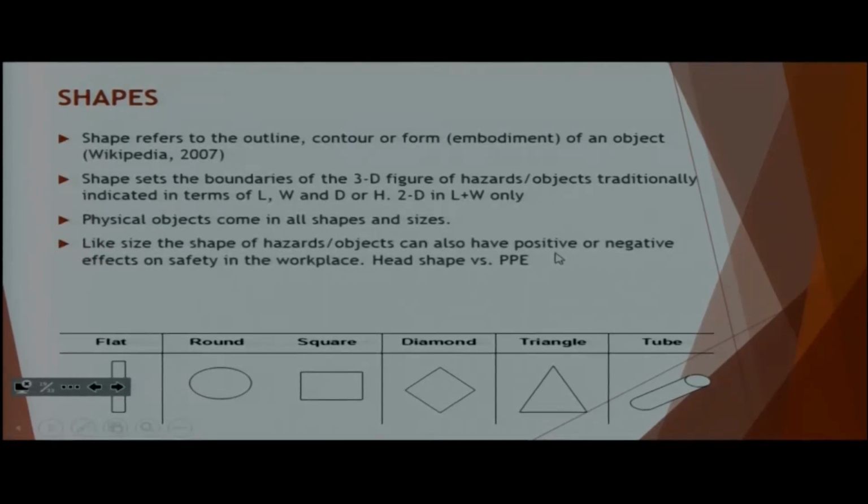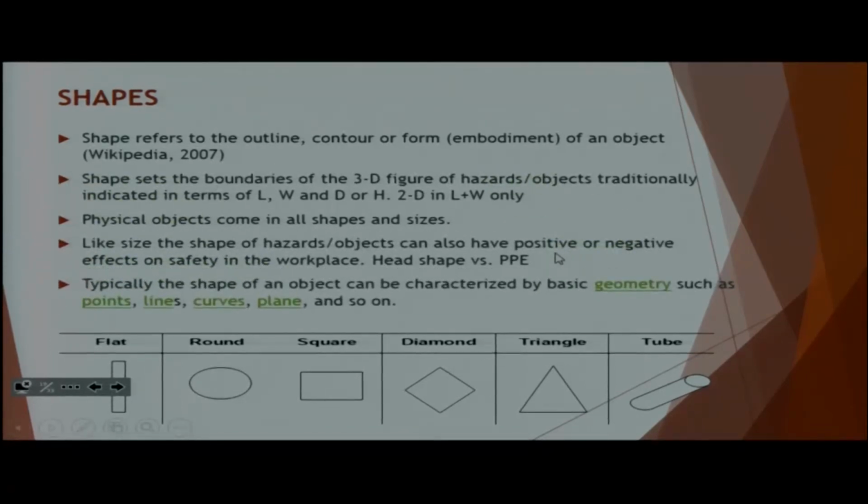Like size, the shape of a hazard or object can also have positive or negative effects on safety in a workplace. Typically, the shape of an object can be characterized by basic geometry, such as points, lines, curves, planes, and so on. And the picture there is just an example of the different shapes that you can find.